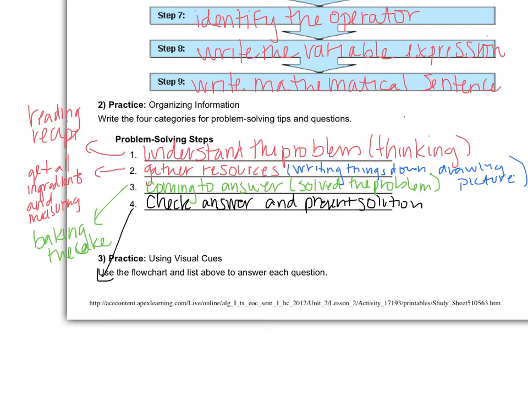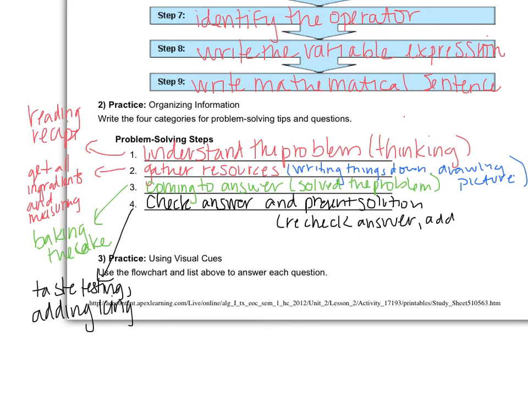What this means is that you're taste testing it again after it's done. And you're adding the icing and doing all that fancy stuff to make it look good. So what does that mean in terms of math? That means you're rechecking your work. You're rechecking your answer. And you're going to add units. You're putting those final touches on it to make sure that it's the right answer.